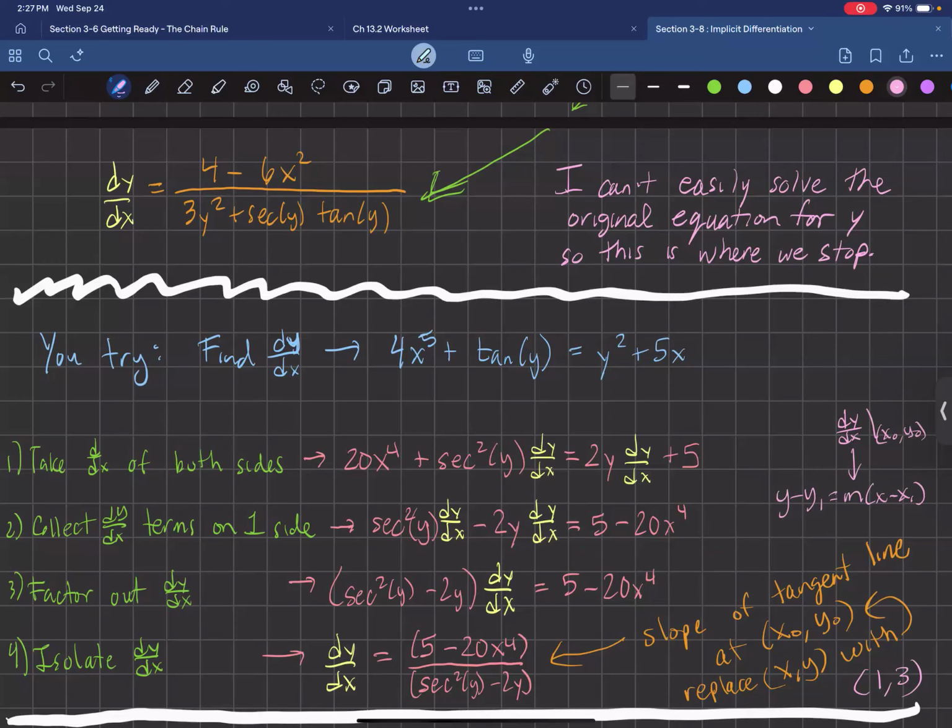Okay? I got it. It's the same point, so I should use x naught, y naught there. There we go.